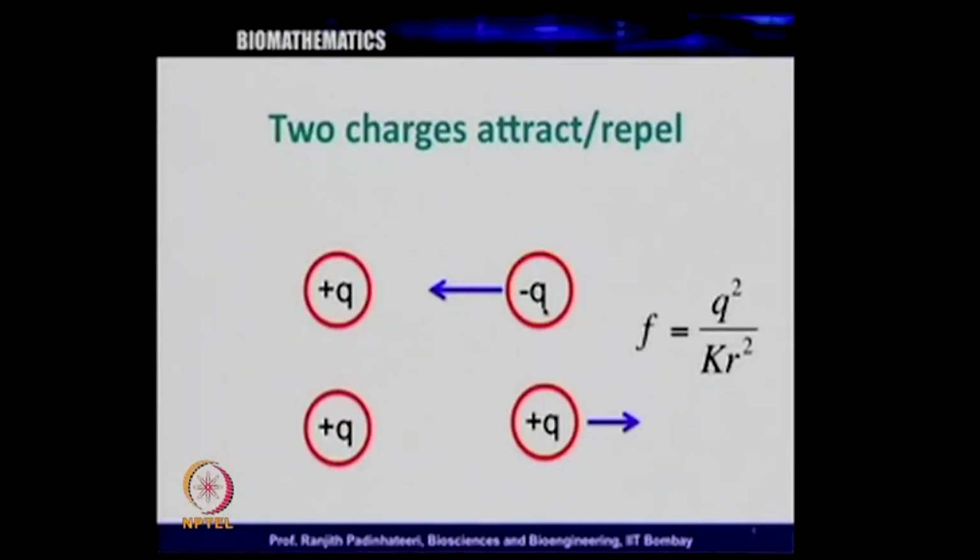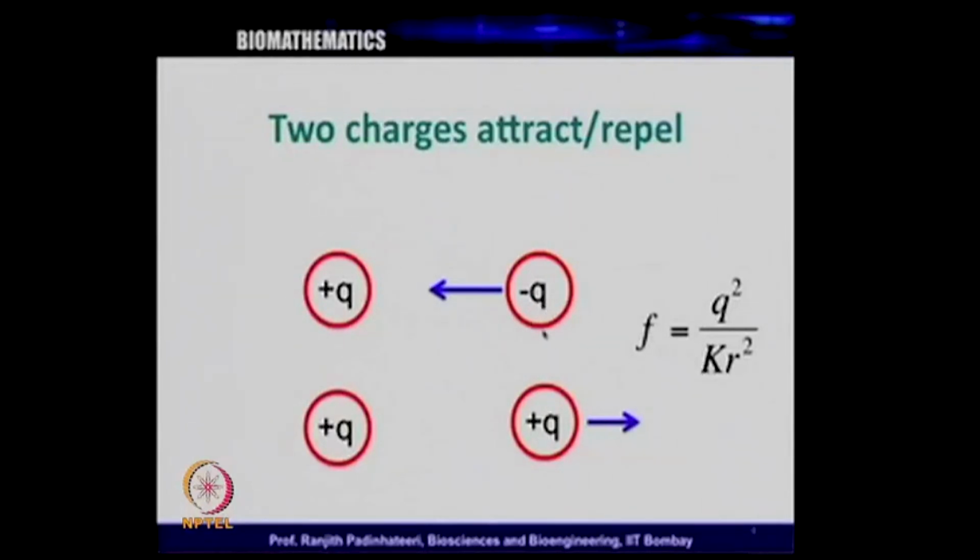That means this minus charge will move towards the plus charge. There will be a force on this charge, and the magnitude of the force will be q square by some constant k times r square, where r is the distance between these two charges. This is the famous Coulomb's law.